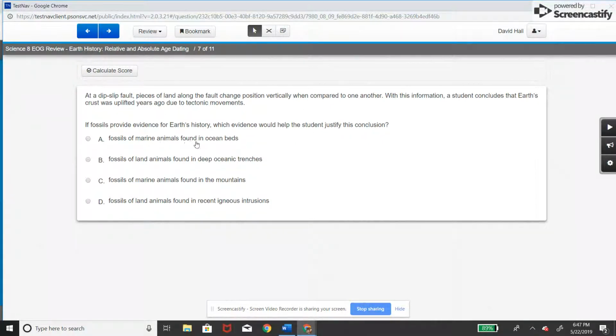Fossils of marine animals found in ocean beds, that's normal. Fossils of land animals found in deep oceanic trenches, that's also possible. Fossils of marine animals found in mountains, that would be weird, but also might show that one goes up and one goes down. Okay, I think that makes the most sense.